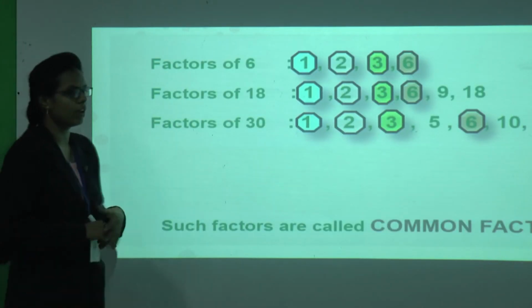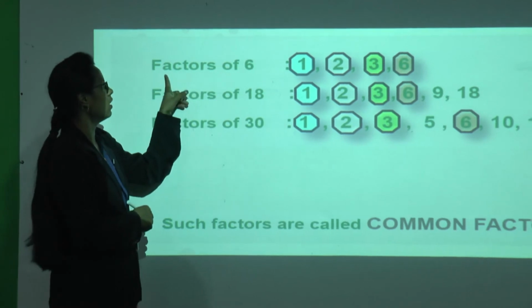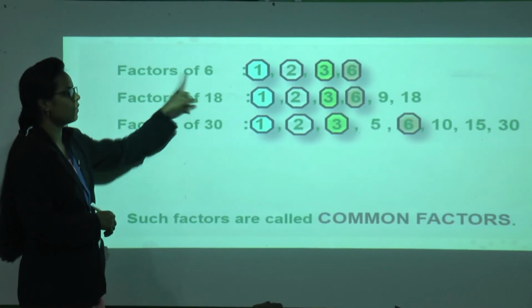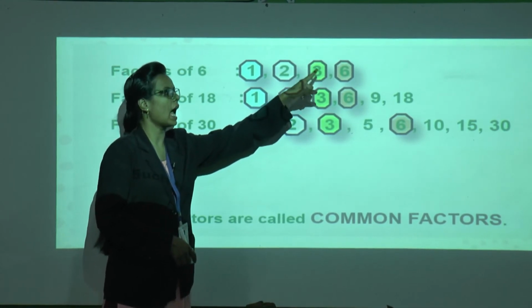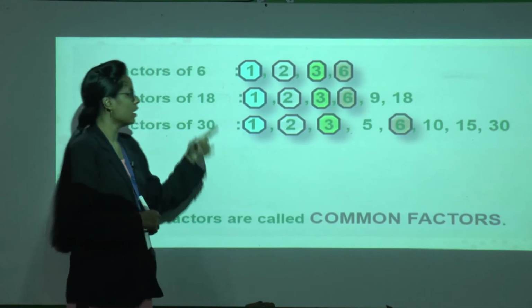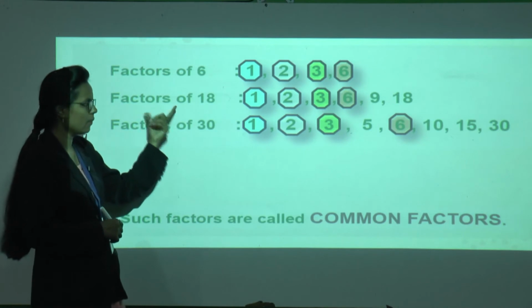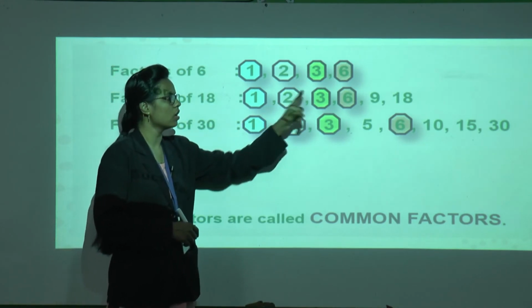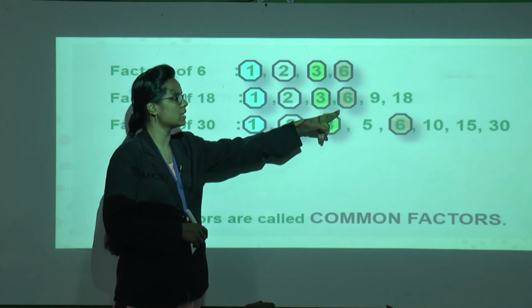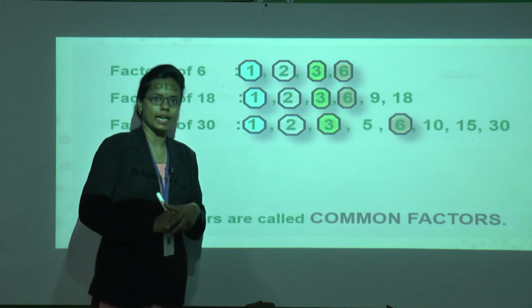Now see, we have to find the factors. Factors of 6. The factors of 6 are 1, 2, 3 and 6. Now we will find the factors of 18. Factors of 18 are 1, 2, 3, 6, 9 and 18.